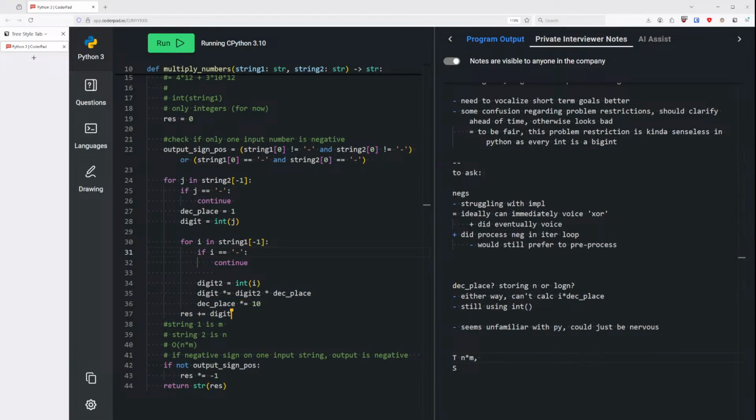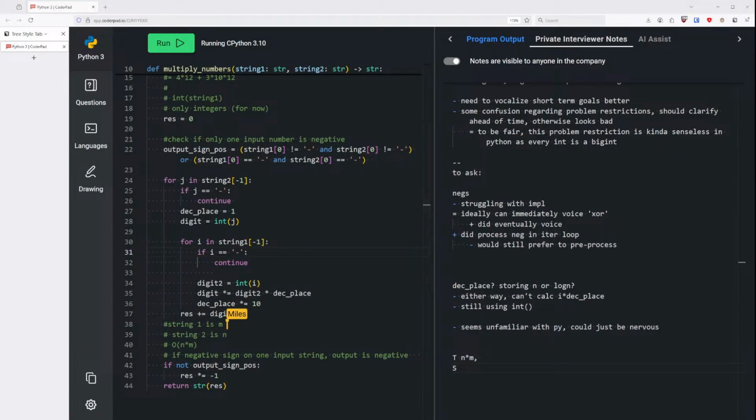Okay. And then the space, please. Space complexity. I store the result in this return, which starts off as an int and then is cast to a string. So I guess space complexity is whatever size res ends up being, which, let's see, what would the maximum be here?